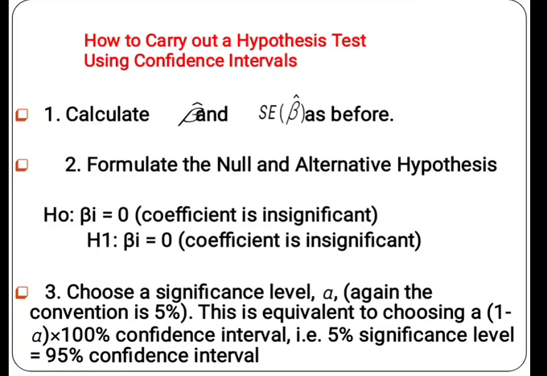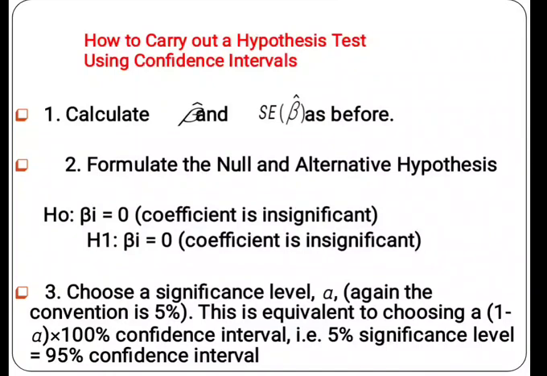Step number two, formulate the null and alternate hypothesis. To determine the significance of the estimated coefficient, we construct the hypothesis, and in the null hypothesis we usually state that there is no significant relationship between the independent variable and the dependent variable.